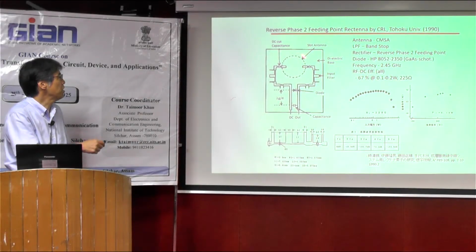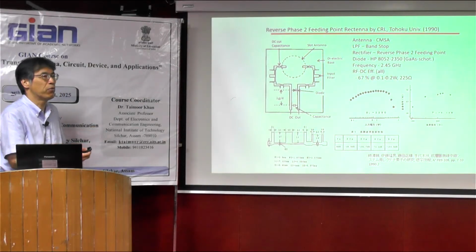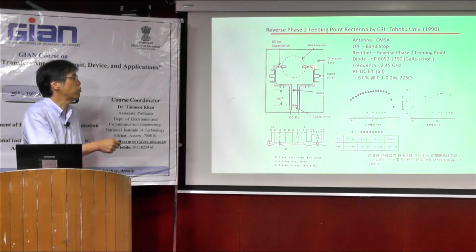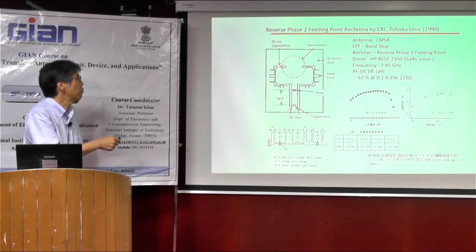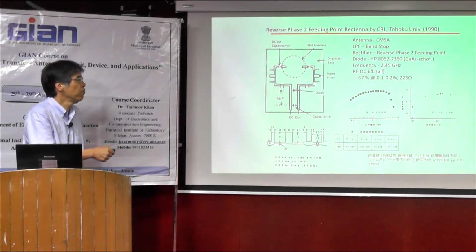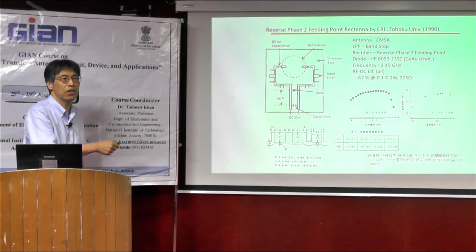And with this slot antenna or microstrip antenna, when we create two ports, here we receive, for example, 0 degree microwave, and from the opposite side, we get a 180 degree difference output microwave here. And the 0 degree and 180 degree microwaves are merged into the one diode.